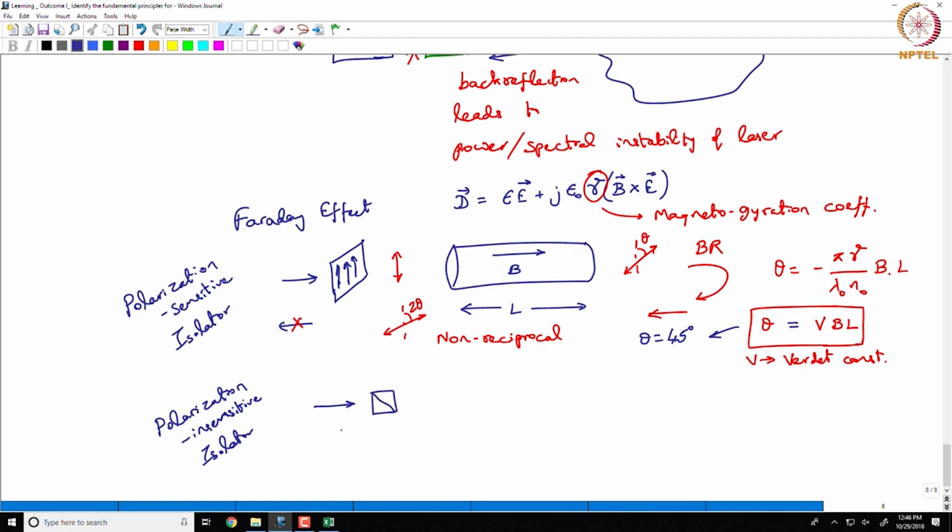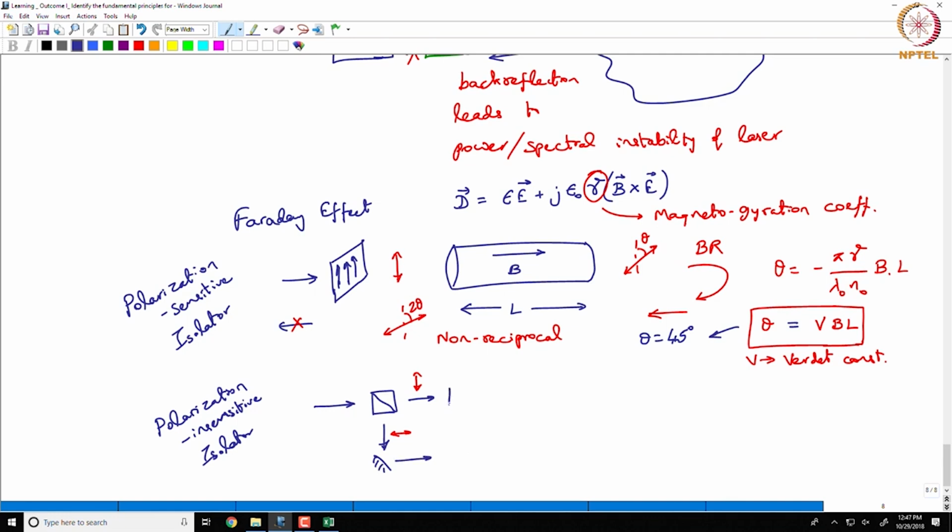So, you could have a polarization insensitive isolator, which basically says, okay, I will split my polarization such that my vertical polarization goes that way, my horizontal polarization goes this way, and then I would have a mirror here and then go through this.